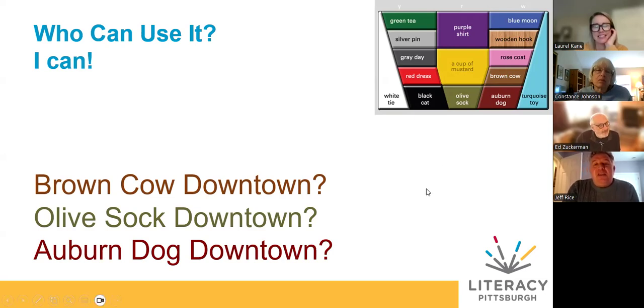And I've noticed it seems that in Pittsburgh, sort of the opposite of with a Southern accent, the vowels don't like to move. So instead of this moving brown cow, you have more of a non-moving downtown, downtown, downtown, right?